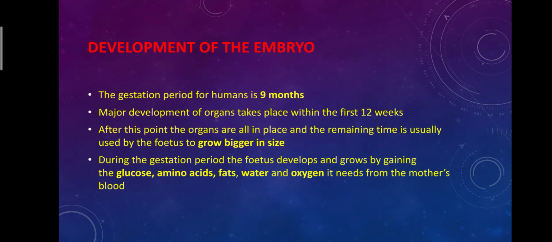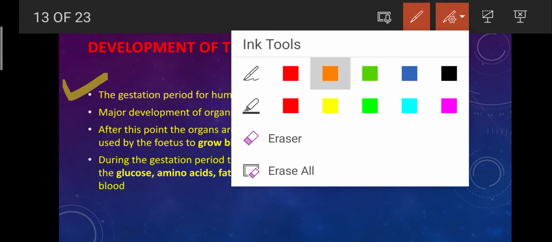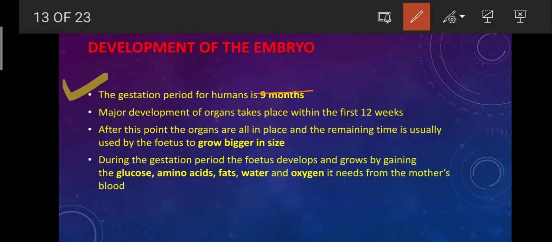Now we will discuss the development of the embryo. As we know, the gestation period for humans is about 9 months. Major development of organs takes place within the first 12 weeks.